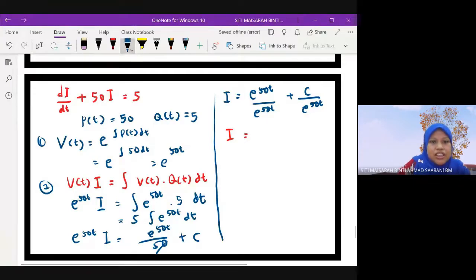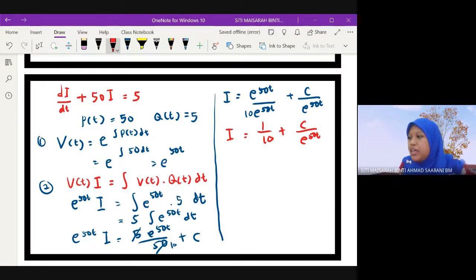So this is 5 E50T over 50. So this is actually 1 over 10. So jadi sini ada 10 lah. So then I is 1 over 10 plus C over E50T. So this is our I lah. Our I, general solution.